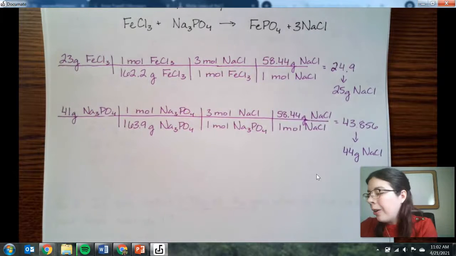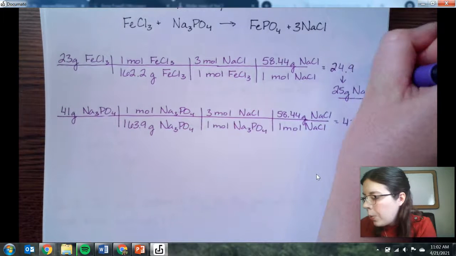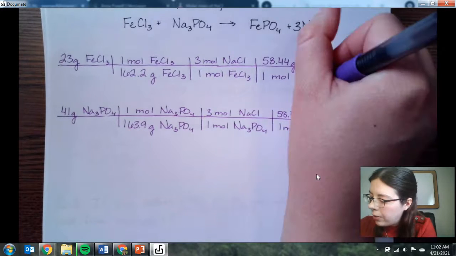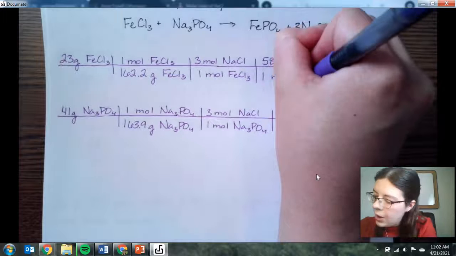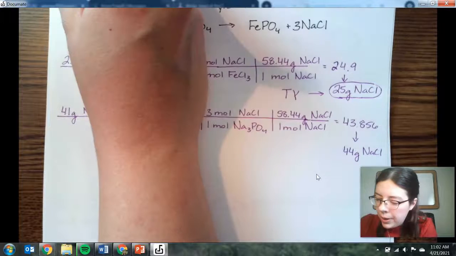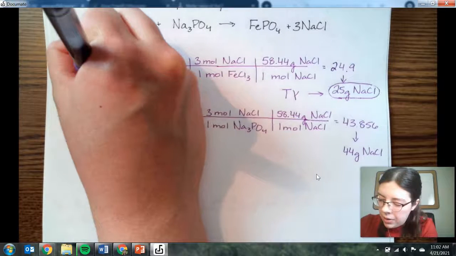So now when we compare these two, we see the smaller number is, of course, that 25 grams of sodium chloride. So that is our theoretical yield. So therefore, the iron chloride is our limiting reagent, and the sodium phosphate is our excess reagent.